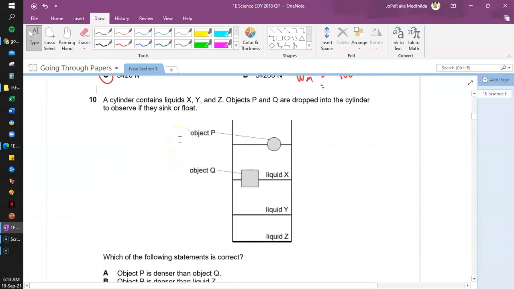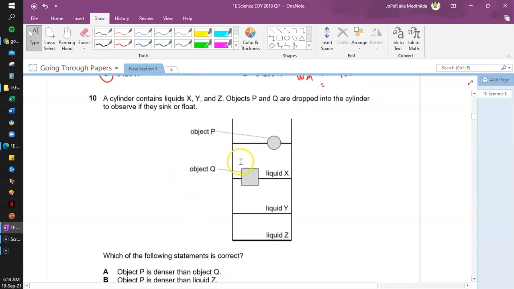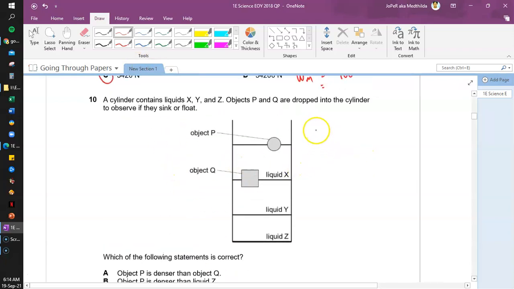Last one, question 10. A cylinder contains liquids X, Y, Z. Objects P and Q are dropped into the cylinder to observe if they sink or float. Which of the statements is correct? For this question, the key idea is you need to know that an object with lesser density will float. An object with greater density will sink.